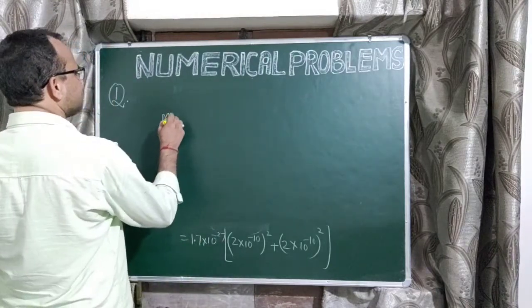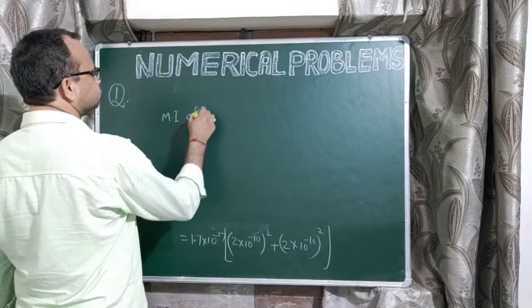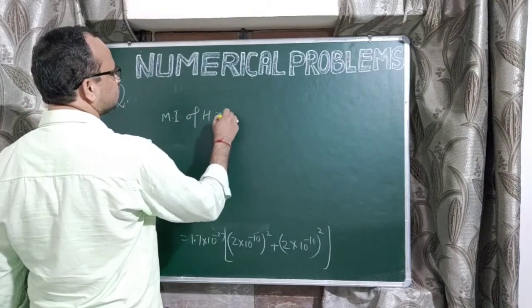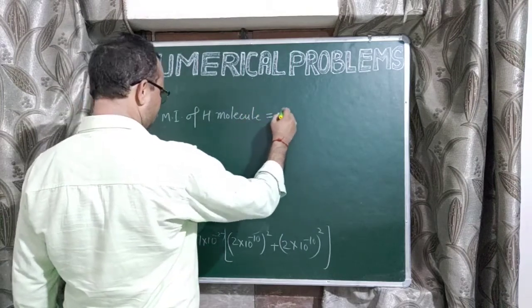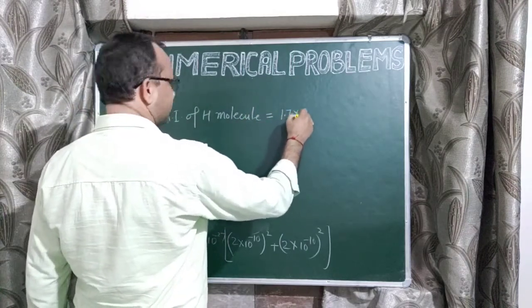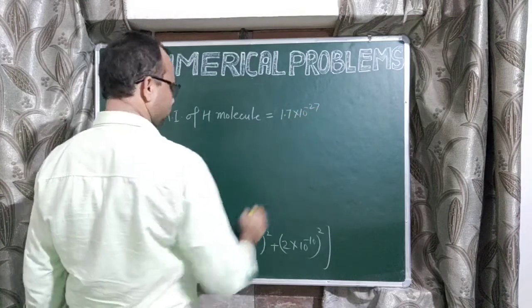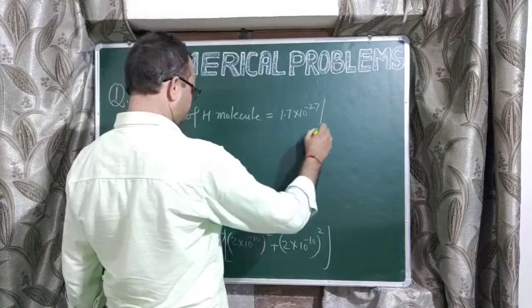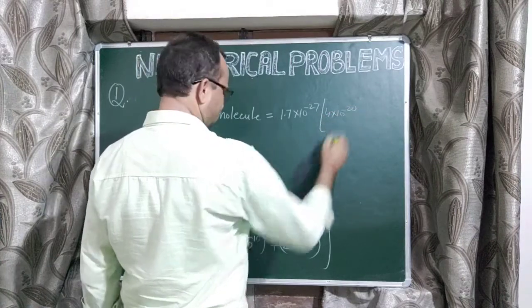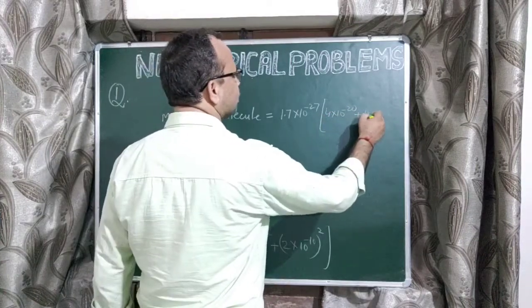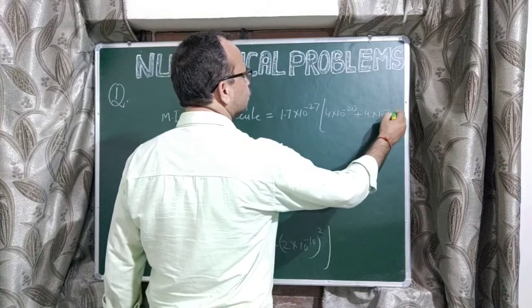So the moment of inertia of the hydrogen molecule equals 1.7 into 10 to the power minus 27 in a bracket, 4 into 10 to the power minus 20 plus 4 into 10 to the power minus 20.